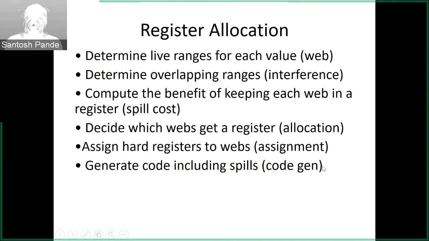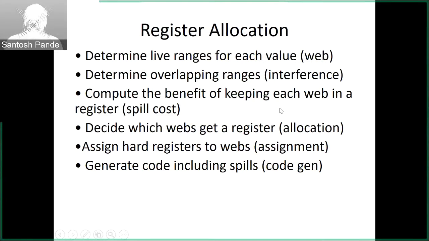Now, there are three parts we have to see here. One is live range analysis: how do we actually find these live ranges across basic blocks? Number two, how do we form the webs? And the third is the coloring algorithm. Those are the three important things.